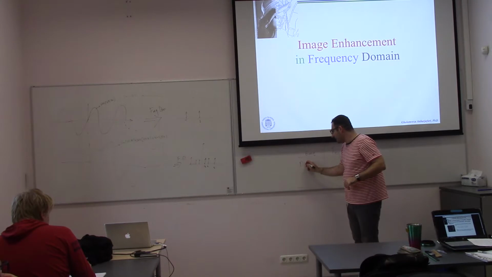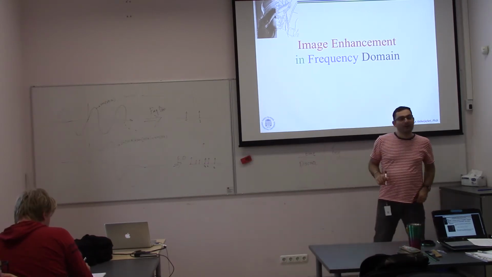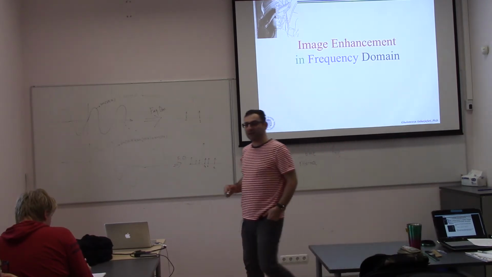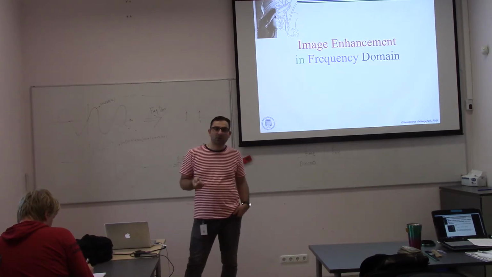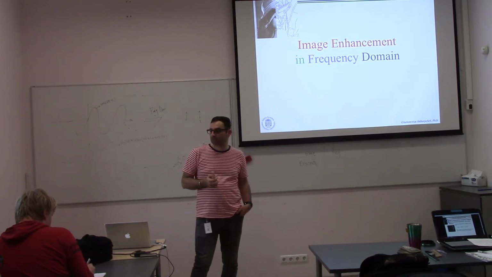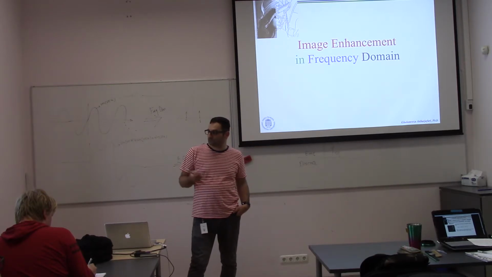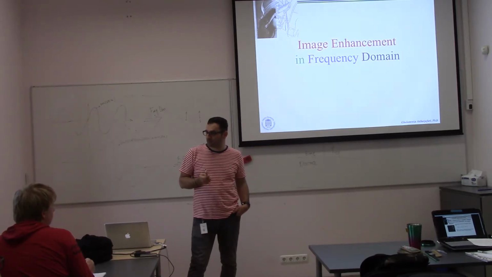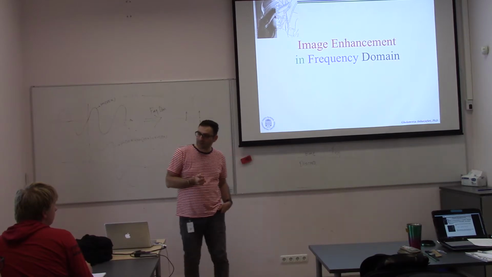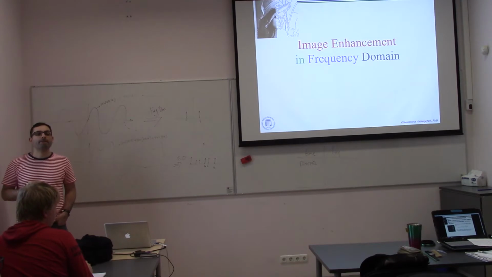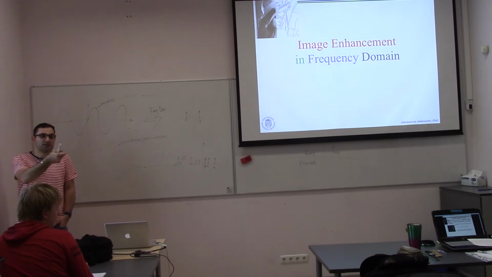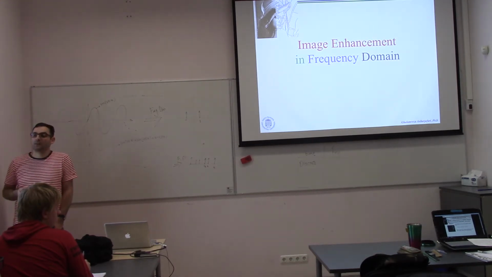If something is discrete, what is its effect in the frequency domain? Continuous. What else? If it is discrete in time, it will be discrete in frequencies, maybe. So this is continuous, this is discrete.